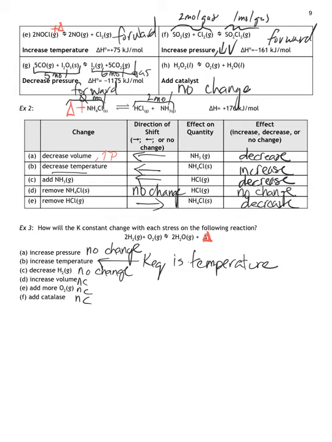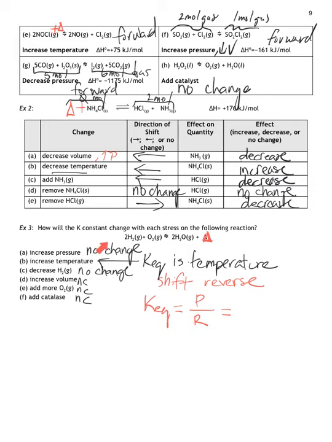So an increase in temperature. If you increase temperature, according to Le Chatelier, you're going to try to absorb that heat, which means the reaction is going to shift reverse. If you're shifting reverse, according to the KEQ, which is products over reactants, that means you're making more reactants.